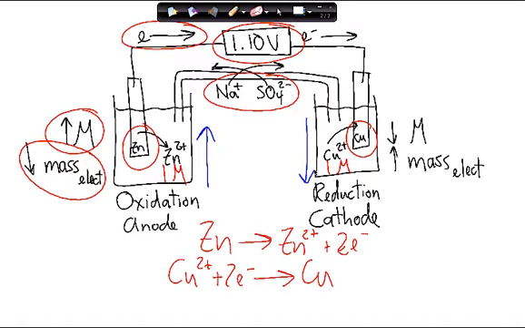As this battery does its battery thing, zinc is becoming zinc ion. But as the concentration of zinc ion goes up, it's harder for those atoms to enter solution, and that works against the battery doing its thing. Now guys, what happens over here in the cathode cell? Well guys, here reduction is taking place.